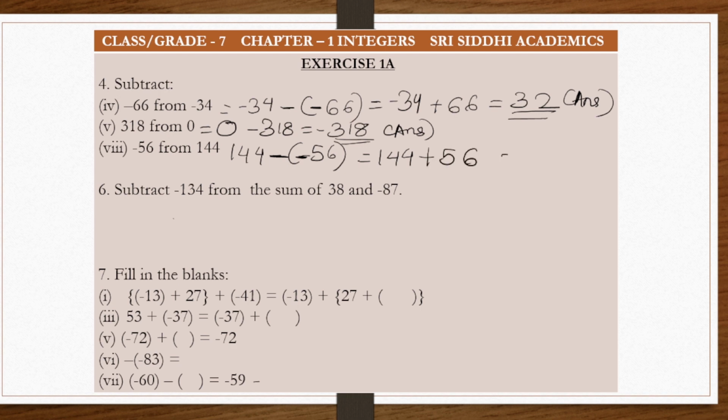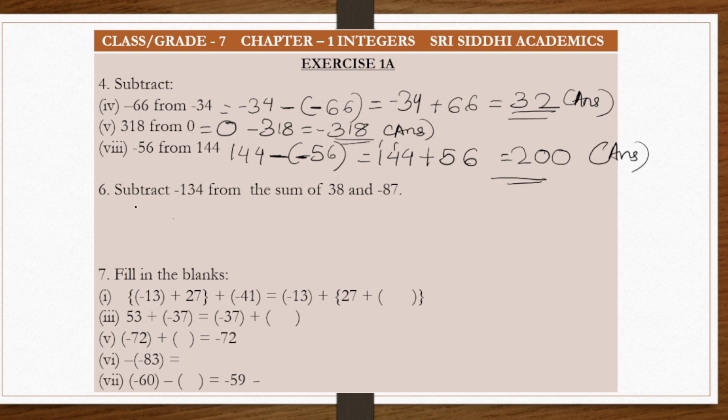So here we will simply do addition. 6 plus 4 is 10. 1 gets carried over. 5 plus 5 is 10. Again, 1 gets carried over, so it will be 200 in the answer.